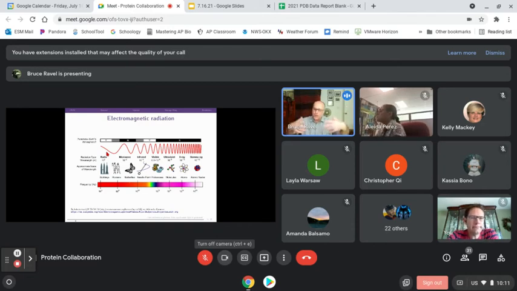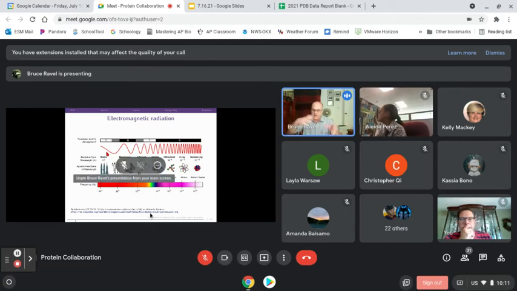The reason we use radar for that is because the wavelength of the radar is more or less the same size as these big features that you can measure with radar.